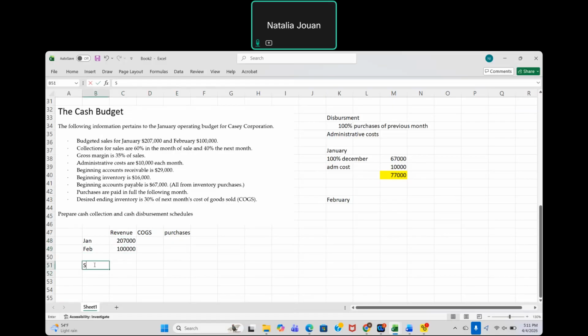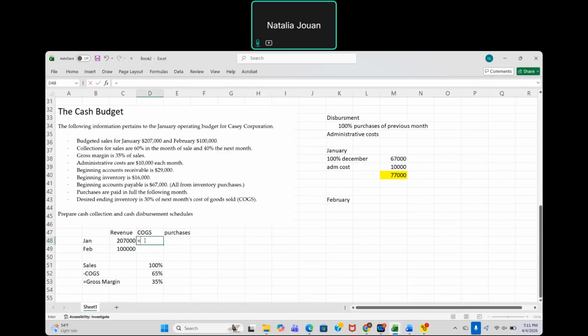So remember, guys, sales minus cost of goods sold equals gross margin. So if your sales is 100% and your gross margin is 35%, that means that your cost of goods sold must be 65%. So if they give you gross margin, use the opposite for cost of goods sold.